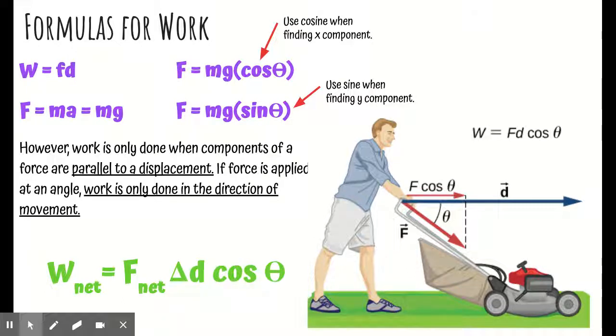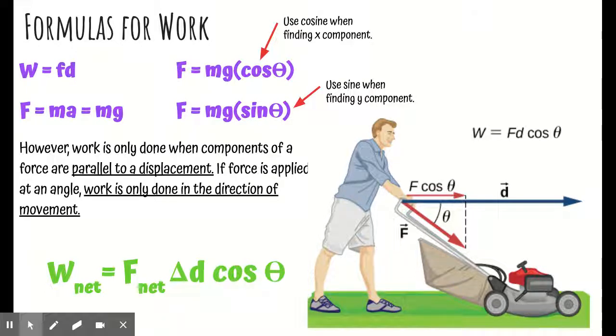Whenever we are doing calculations, if we have angles, which happens pretty often, like in this example on the right-hand side, this man mowing the grass is applying a force at an angle. It doesn't tell us what, but maybe that's a 30-degree or a 40-degree angle.